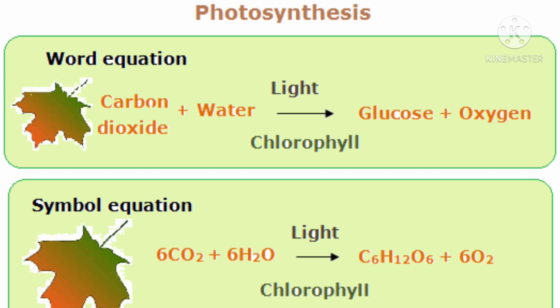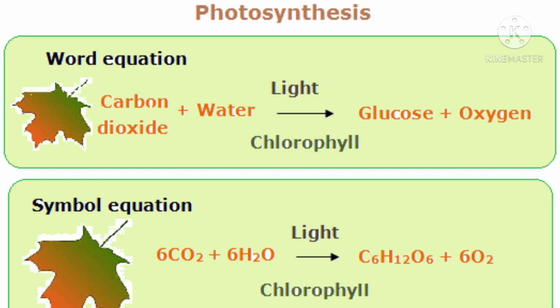In this reaction, 6 molecules of carbon dioxide take part in reaction with 6 molecules of water in presence of sunlight and chlorophyll and produce glucose, whose formula is C6H12O6, and also produce 6 molecules of oxygen. So in this reaction, carbon dioxide and water take part in the reaction. That's why they are called reactants. And the products are glucose and oxygen.